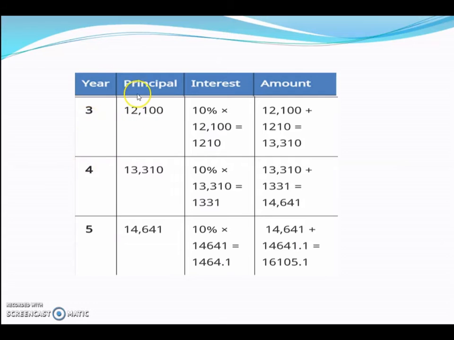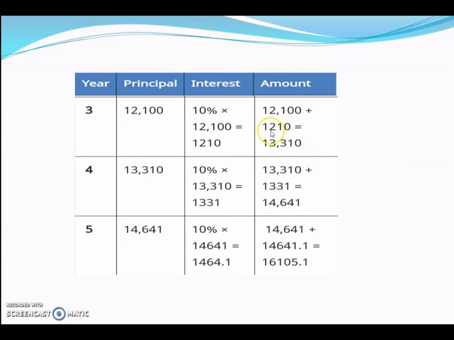For the third year, now principal is 12,100, which was the amount at the end of 2 years. That has become principal for the third year. And interest will be 10% of 12,100, that is 1,210. Now this interest will get added to this principal, and amount will be 13,310.